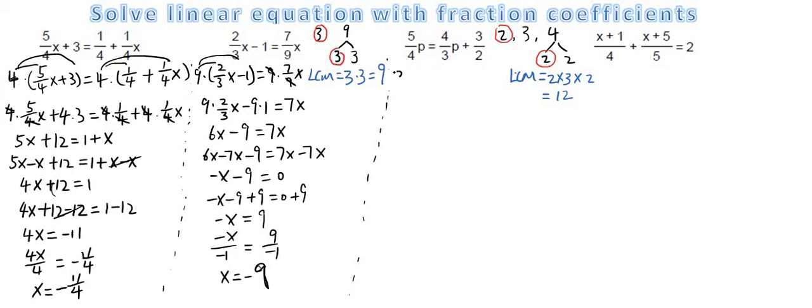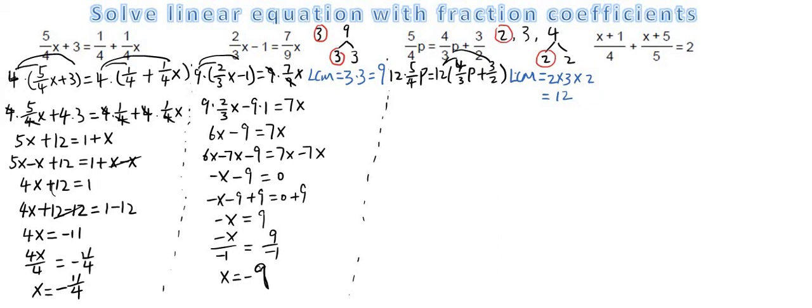So we let 12 times 5 over 4p and 12 times 4 over 3p plus 3 over 2. Then we're gonna do the distribution for the right hand side.